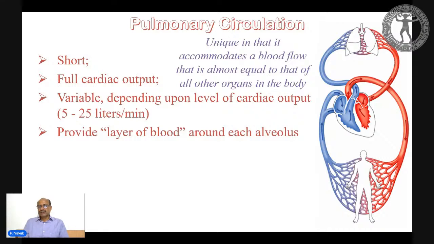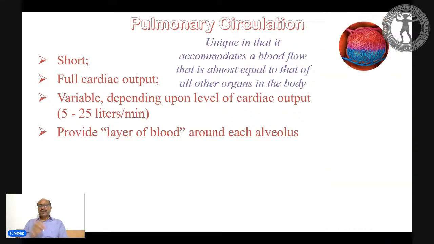Within that 0.3 second, it has to get sufficient oxygen, as well as release all the available carbon dioxide. To make this possible, the alveoli are almost surrounded by a layer of blood.